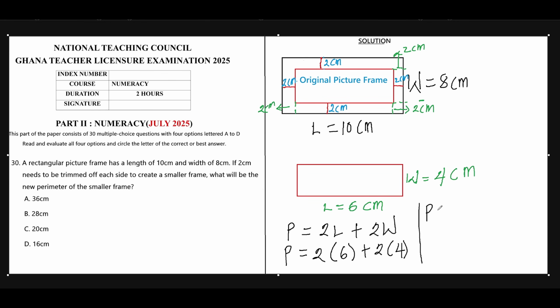So 2 times 6, we have 12. And then 2 times 4, we have 8. Then 12 plus 8, that is 20 centimeters. So the perimeter of the smaller frame will measure 20 centimeters.